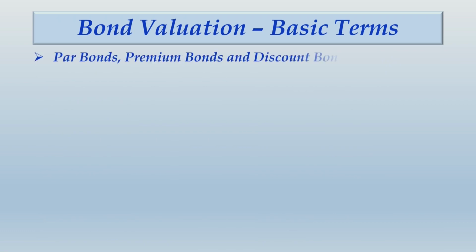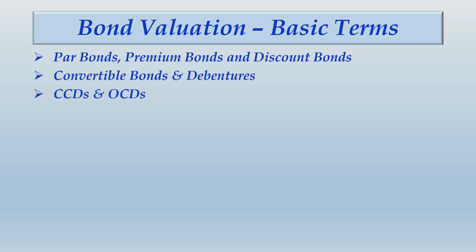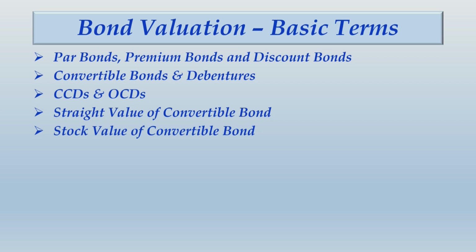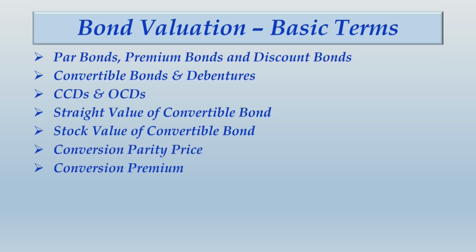Let us move ahead and write down other terms. Concept of par bonds, premium bonds and discount bonds, convertible bonds and debentures, CCDs and OCDs, straight value of convertible bonds, stock value of convertible bonds, conversion parity price, conversion premium, clean price and dirty price.